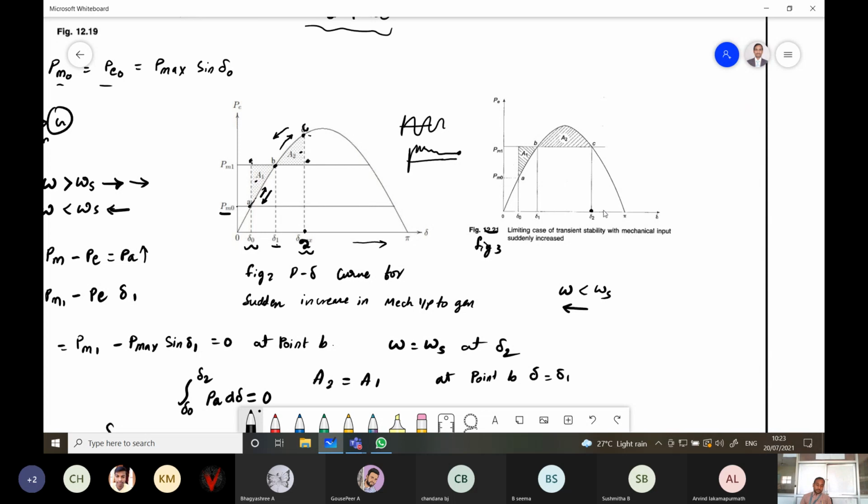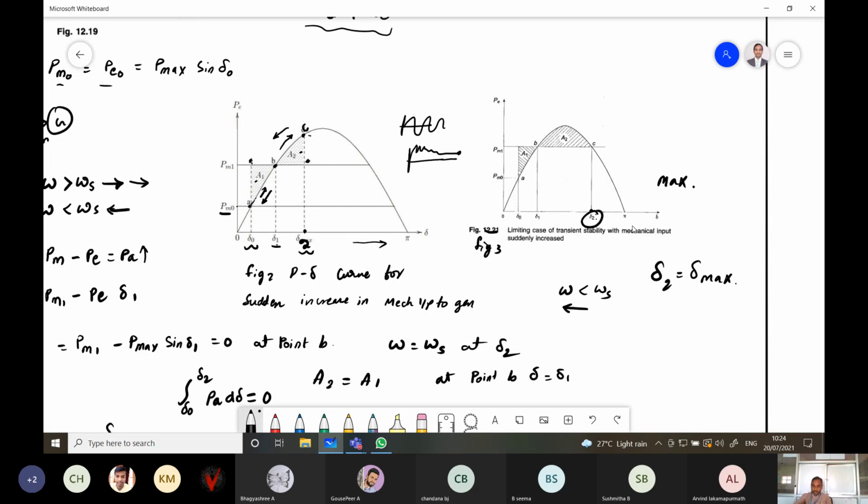So A1 equals the area above the Pm1 line, and under this condition delta 2 attains the maximum value, such that delta 2 is equal to delta max.